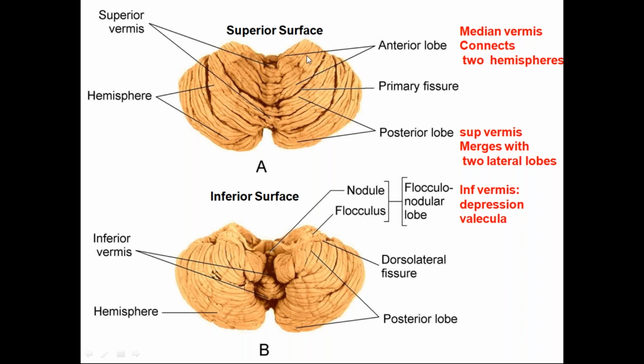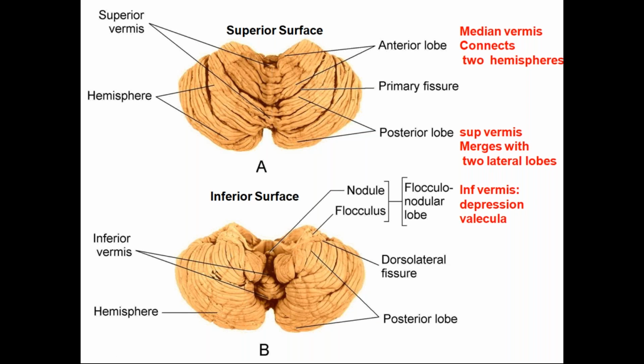The part which is anterior to this primary fissure is called the anterior lobe. The part which is posterior to the fissure is called the posterior lobe. So the primary fissure is dividing the cerebellum into an anterior part and a posterior part.